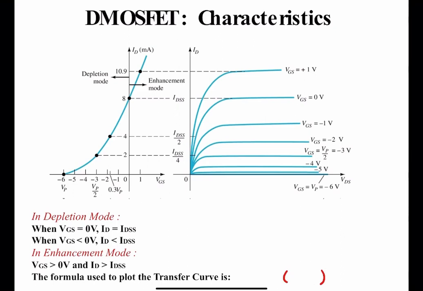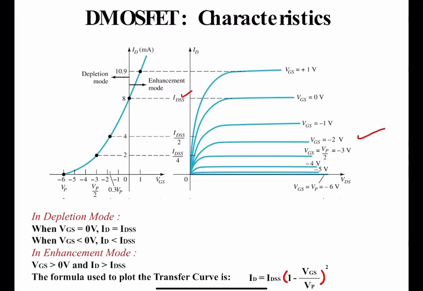For the drain characteristics, at VGS equal to 0 volt, drain current is denoted by IDSS. As VGS is made negative, that is VGS equal to -1, -2, -3, -4, -5, drain current reduces. You can see in this figure.